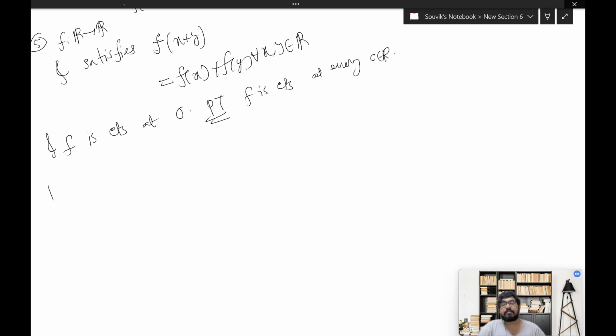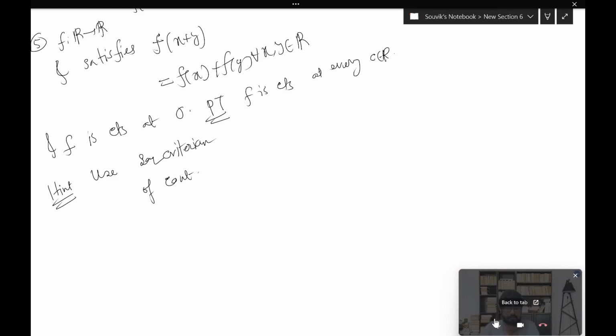So the hint is the sequential criterion of continuity. You try for some minutes, then I shall tell you how to approach this. I shall get back after 2 minutes.